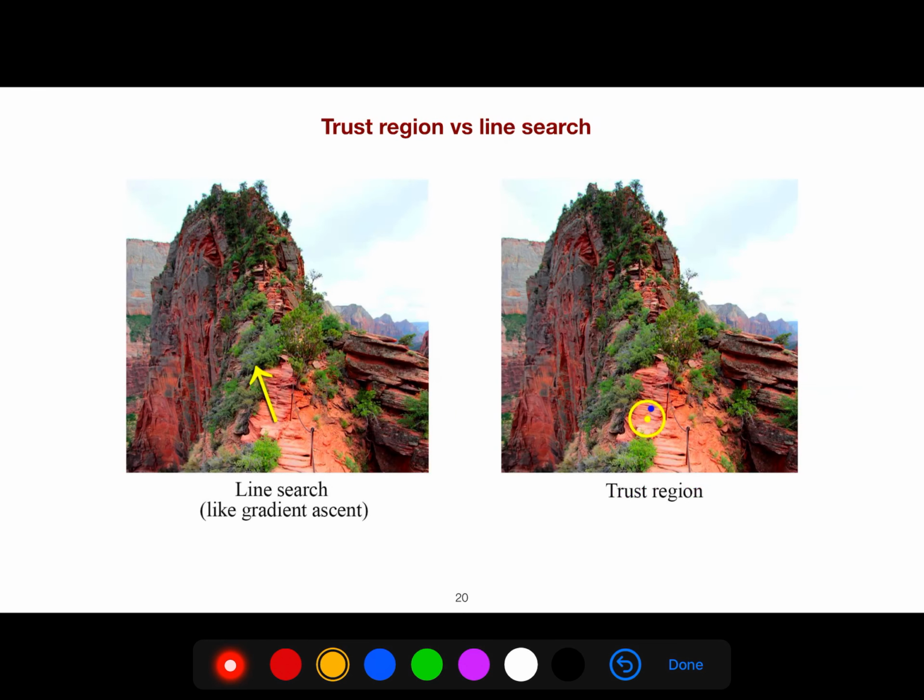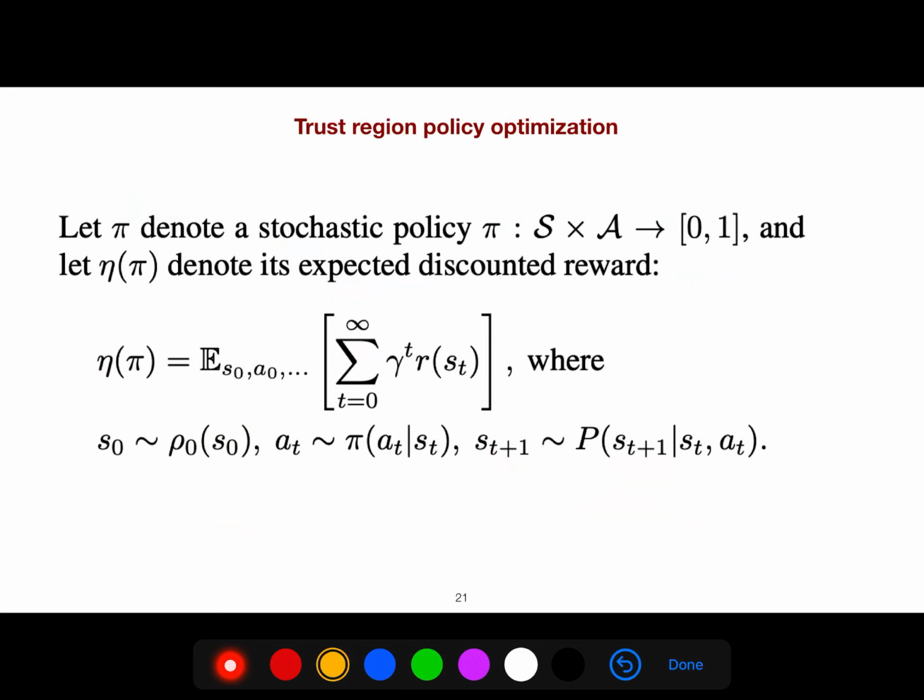In optimization, you have to choose your step in each iteration, and your step size could be chosen from a different paradigm. For example, one of these paradigms is line search, but the other one is trust region. This is trust region.